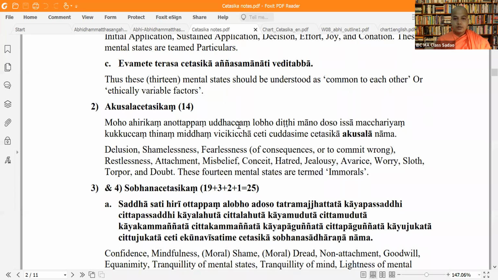Uddhacca is restlessness. Lobha is translated as attachment here. Ditthi is wrong view, here translated as misbelief. Mano, conceit. Doso, hatred. Issa, jealousy. Macchariya, avarice. Kukkucca, worry. Thina, sloth. Middha, torpor. And Vicikiccha, doubt. So these are 14 mental states belonging to this Akusala category.